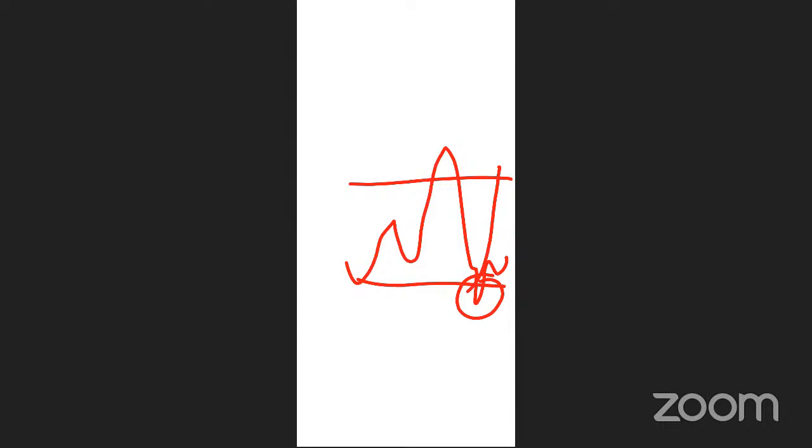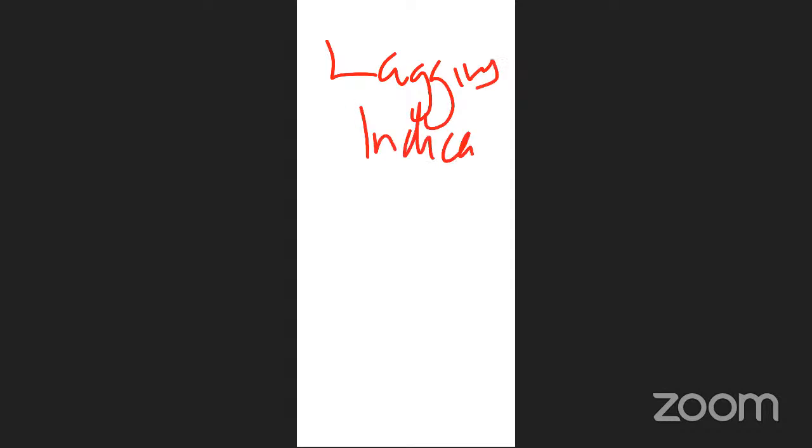So, a trend, the indicators that we have are divided into two types. One, we have what we call lagging indicators. The word is lagging indicators. And then we have what we call real-time indicators.